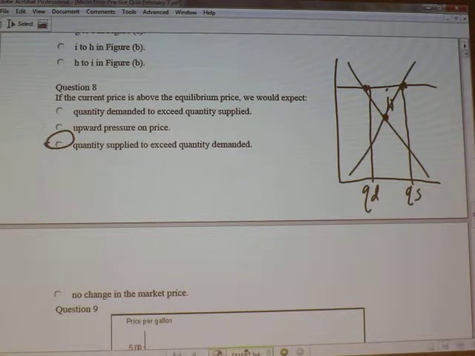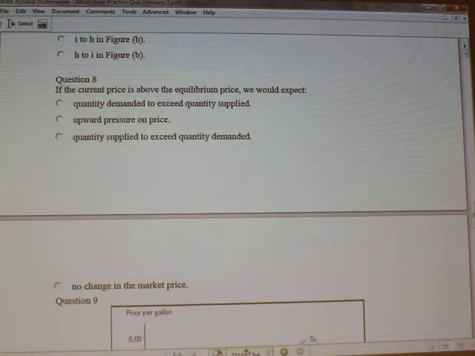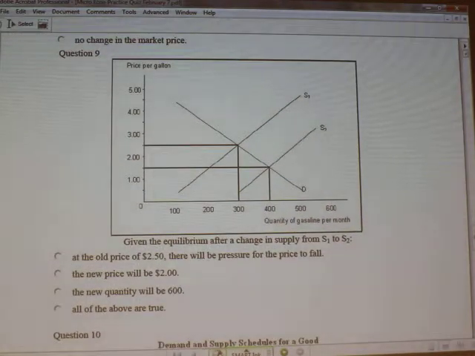And we have 2 more to go here. So question 9 says, given the equilibrium after a change in supply from S1 to S2, that means we go from this equilibrium point to this equilibrium point. Which of the following is true? At the old price of $2.50, there will be pressure for the price to fall.